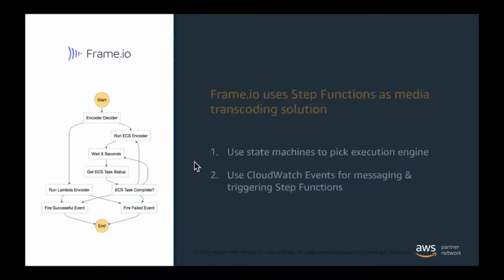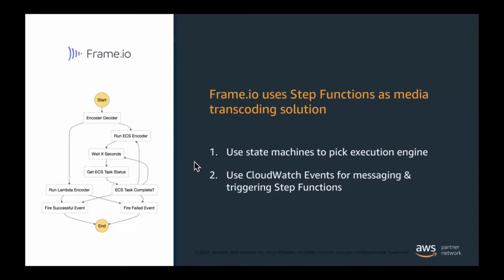Here's an example of a customer use case where Frame.io is using Step Functions as part of a media transcoding solution. In this case, they're using Step Functions for compute arbitration.